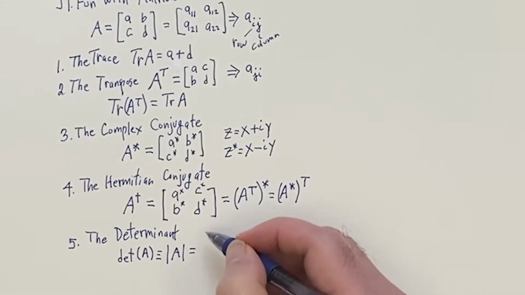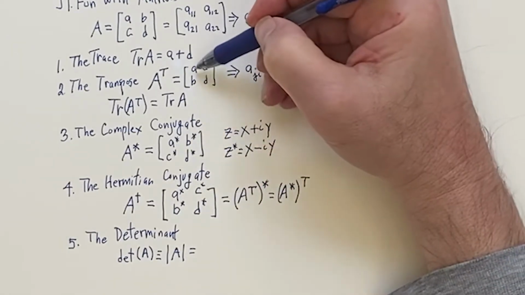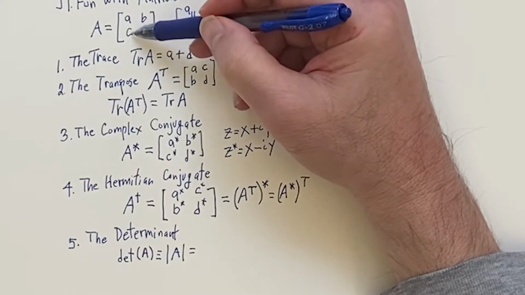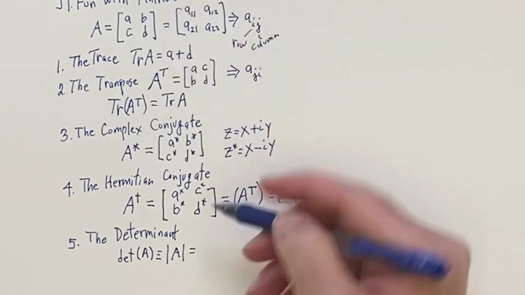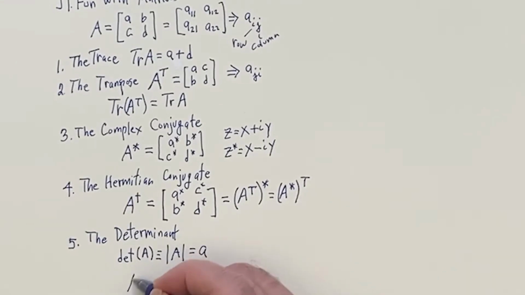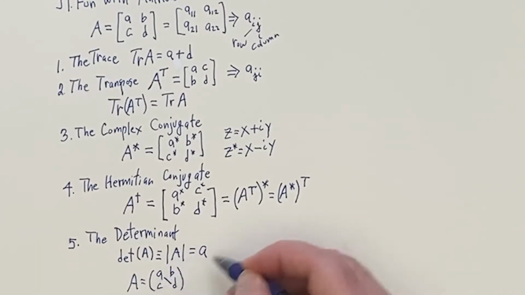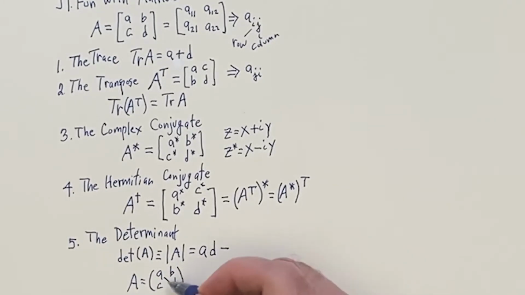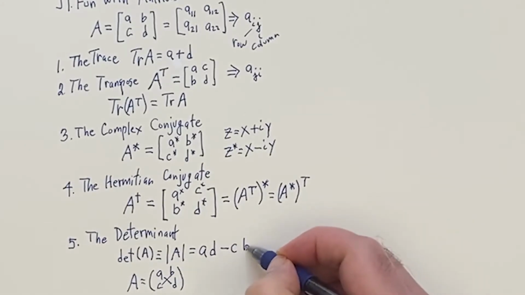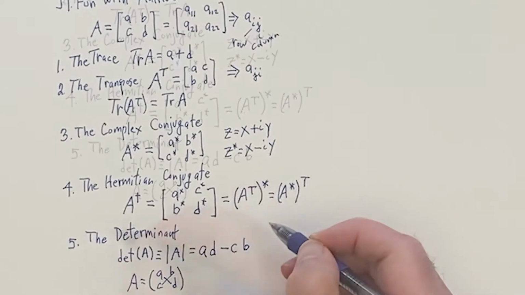What you do is you take A times D minus C times B. So I'll just write the matrix again here. A, B, C, D. So you take A times D, and then you subtract C times B. Or if you want to write the B first, you could.